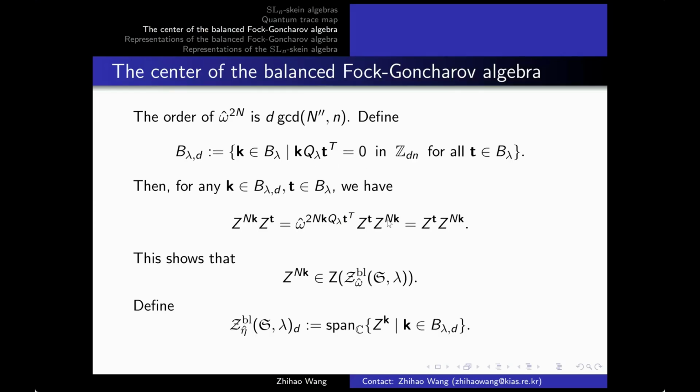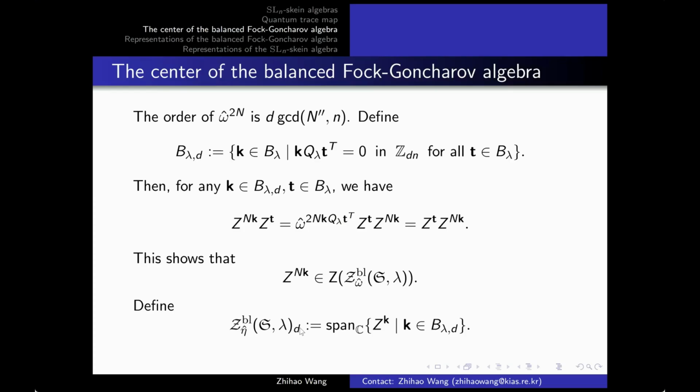So this means here is 1, here is 1. So then we get this. It just means z to the power of nk is a central element. So now we have this. This guy is central.